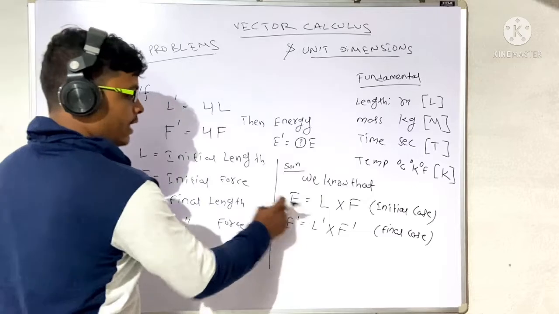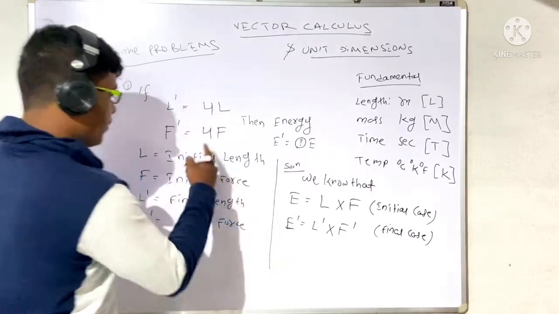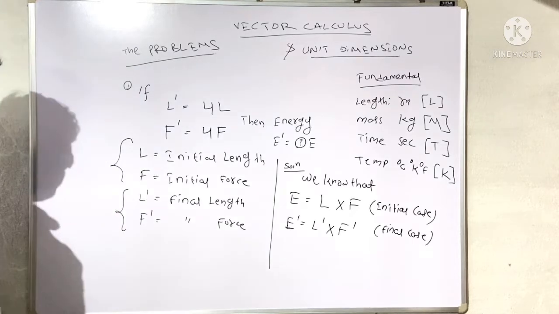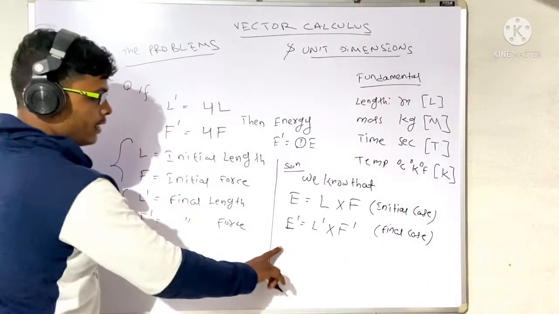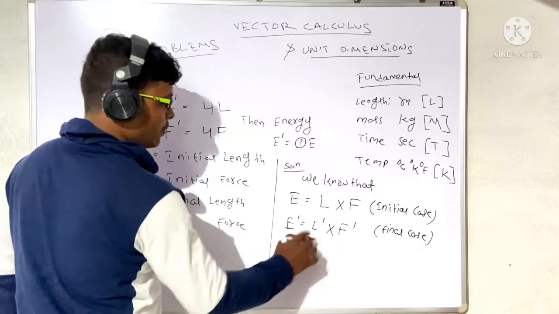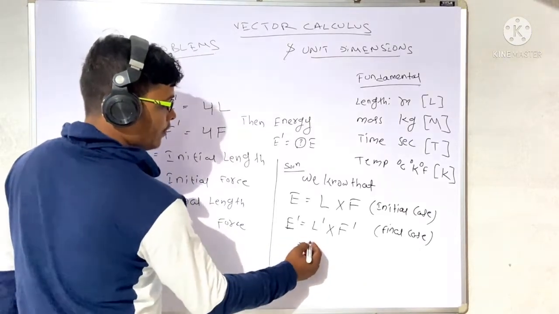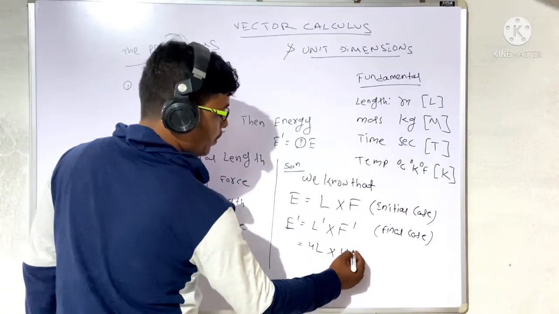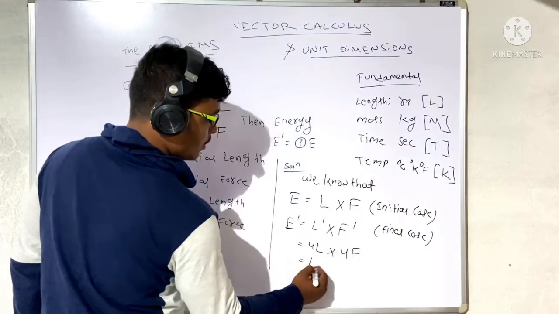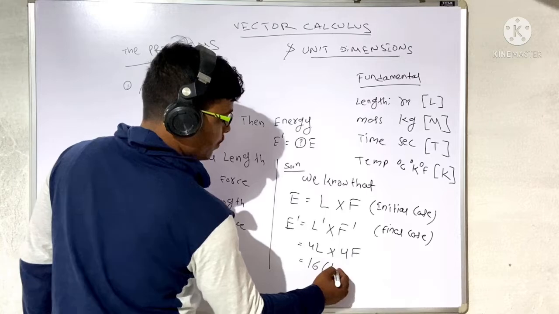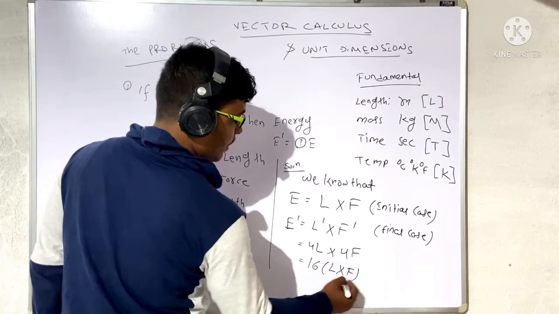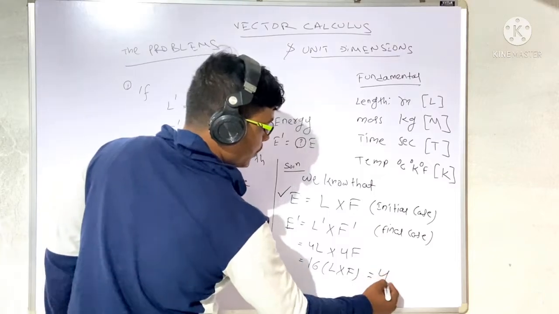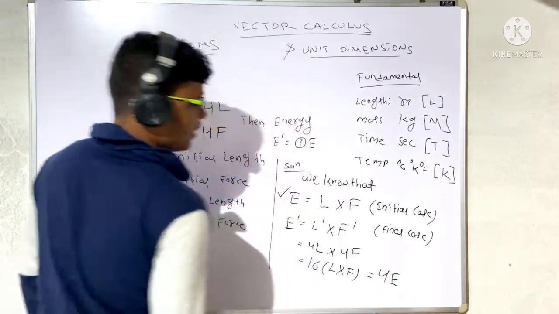So this is initial case and final case, because we have two cases. So the energy final is length final into force final. Now what is L prime? So this is 4L. And what is F prime? So this is also 4F. So this is equal to 16 L into F. Now L into F is your energy E. So what is the answer?